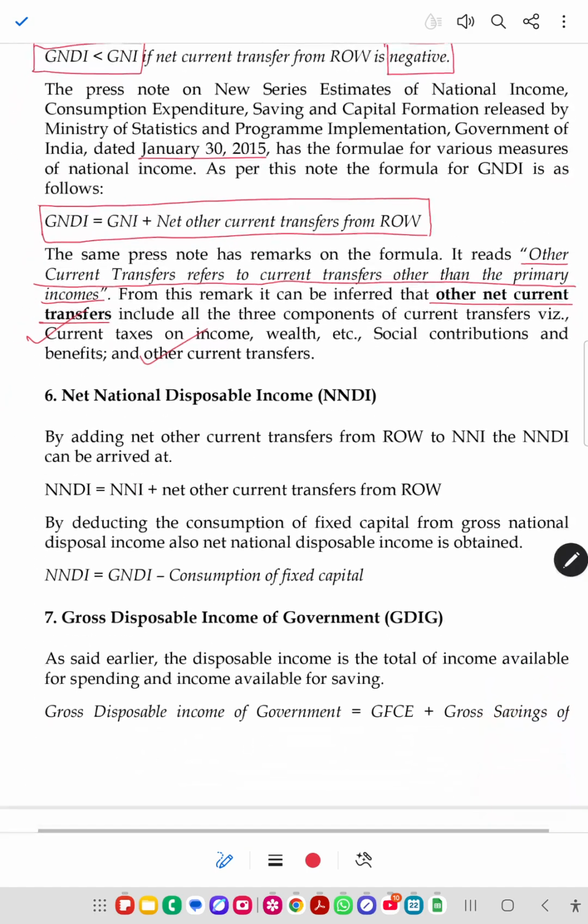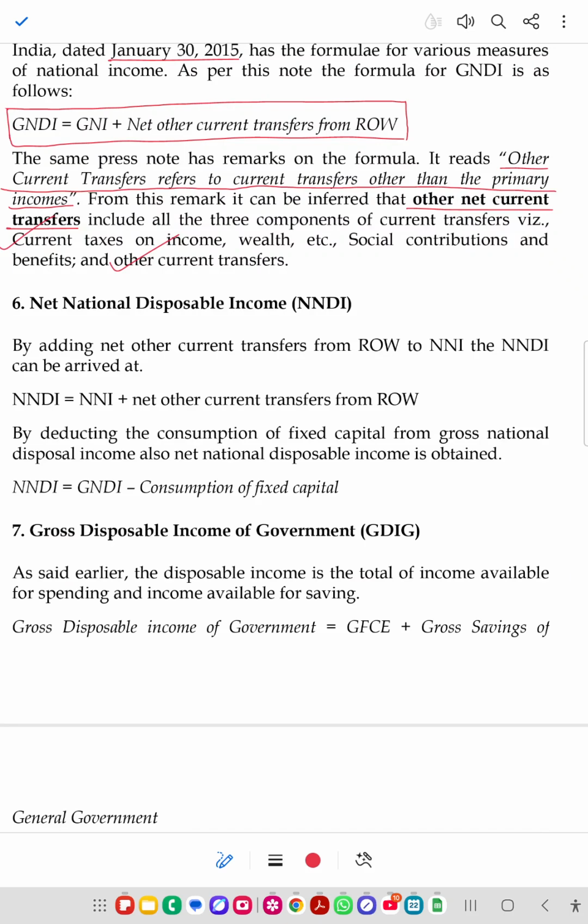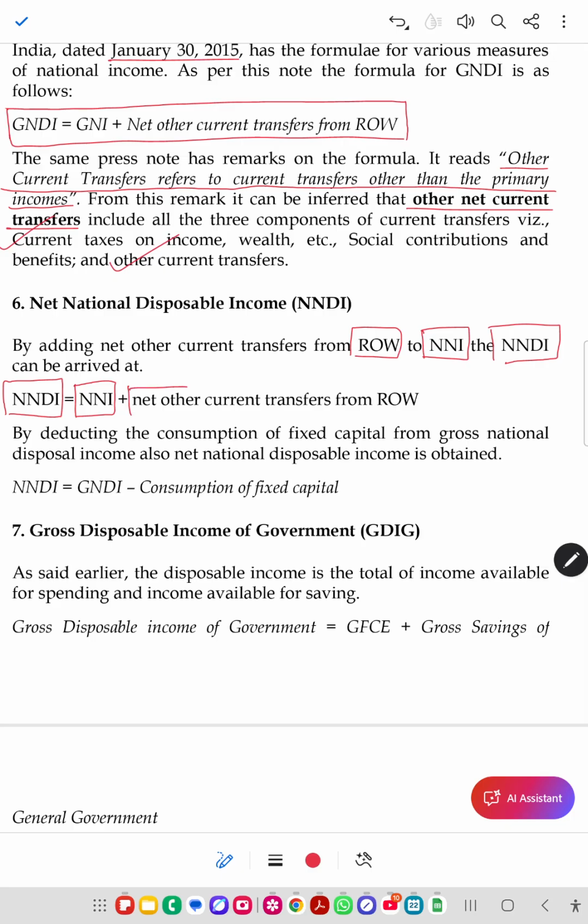Net national disposable income: by adding net other current transfer from rest of the world to NNI, NNDI can be arrived at. NNDI, net national disposable income, is equal to NNI, net national income, plus net other current transfers from rest of the world. By deducting the consumption of fixed capital from the gross national disposable income, net national disposable income is also obtained.